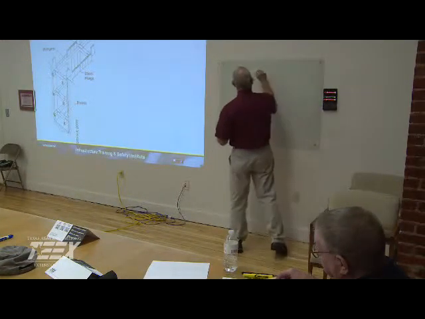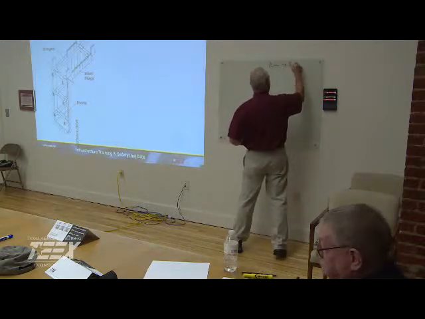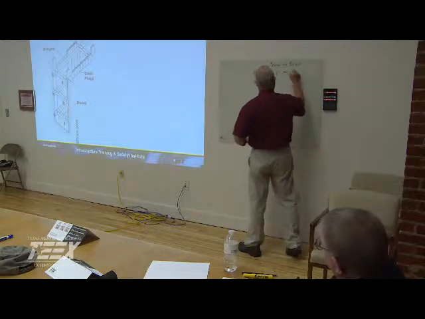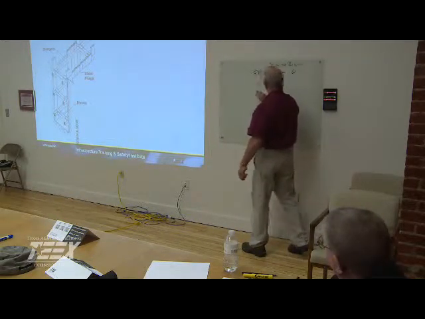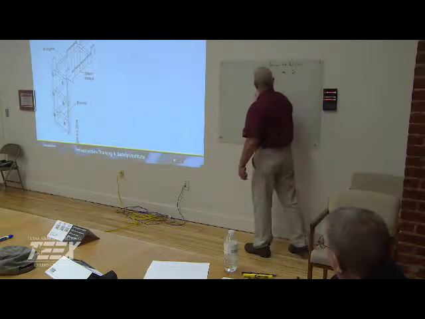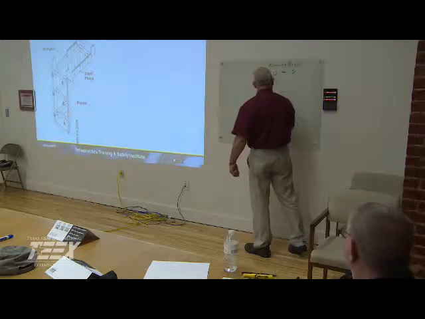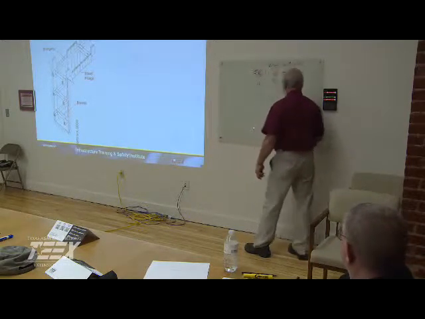You have stable rock, which is run to rise is 0 to 0. Class A soil is 3/4 to 1. Class B soil is 1 to 1. And C is 1 1/2 to 1. Okay?